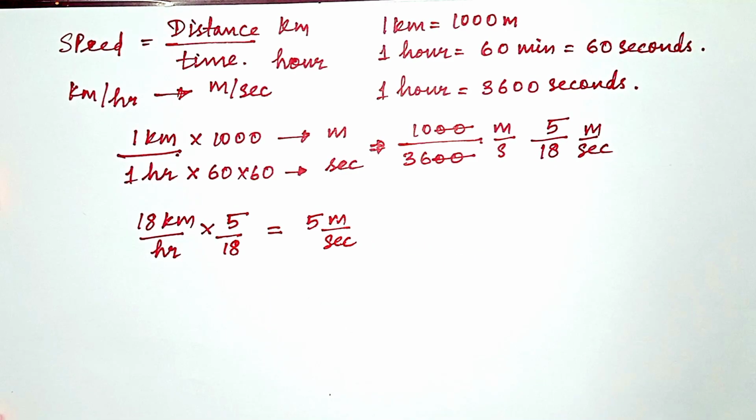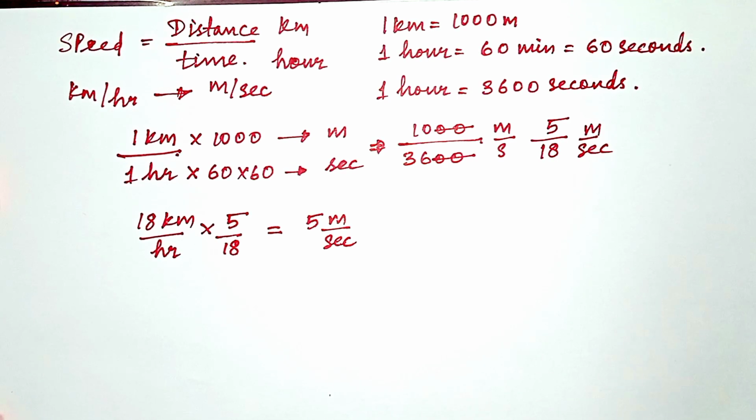This is very basic. If you know this and you are well versed in this, you can actually solve any kind of distance and time questions very easily. So this is a very basic formula.